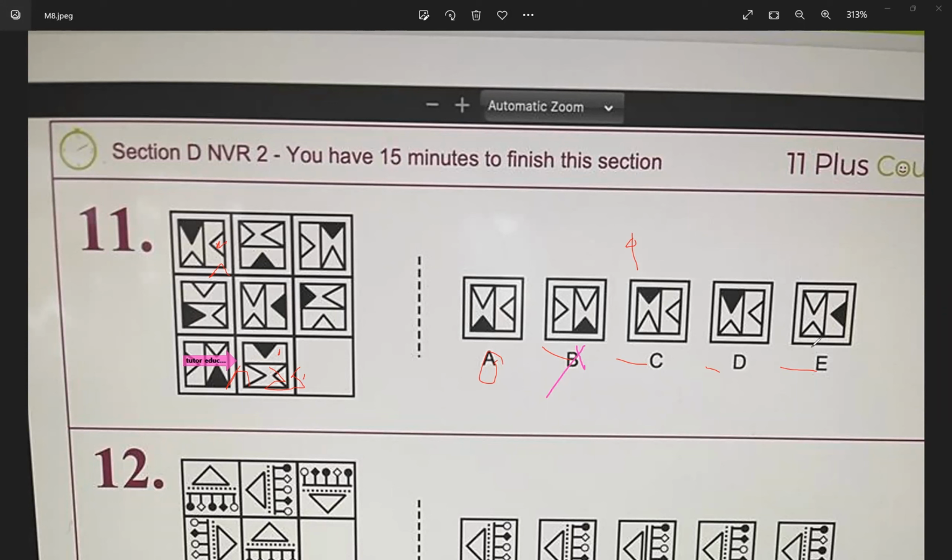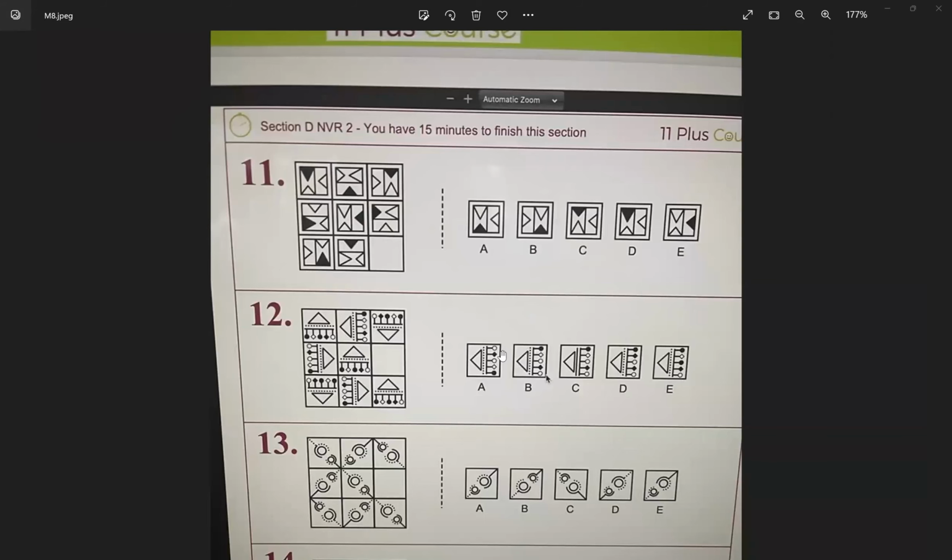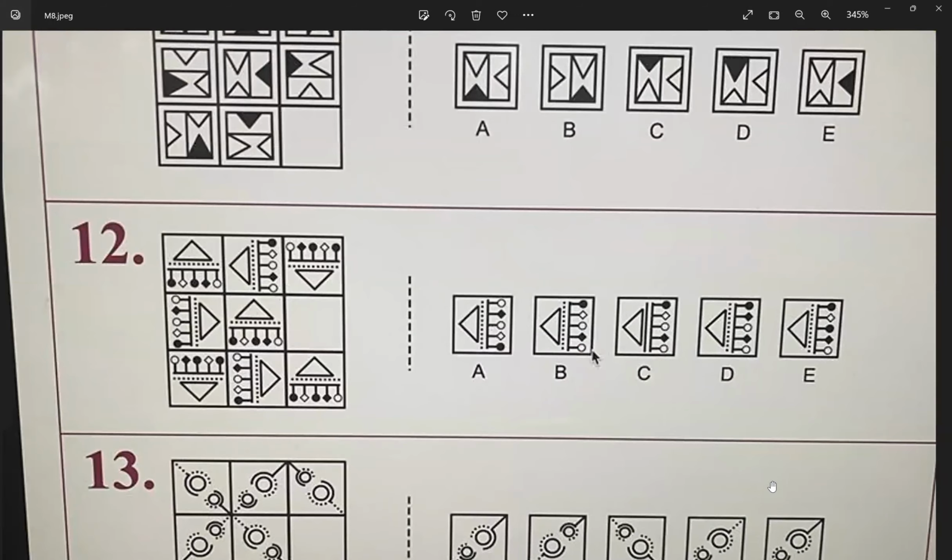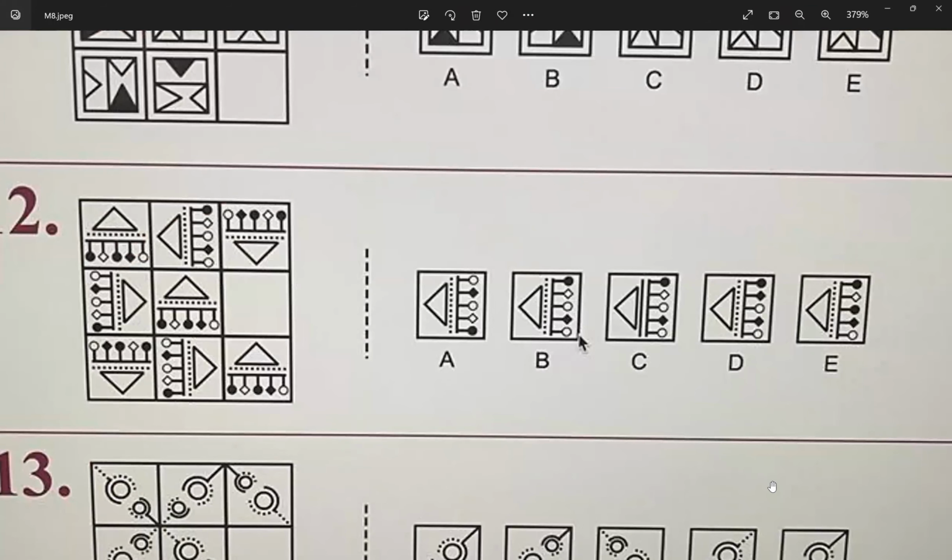Now it's just a matter of the shading. I see big triangle, outer triangle, small triangle, in each row. Now the small one will be at the bottom. So it's clearly option A. Now we have question number 12. Please take a look. It's actually very easy.